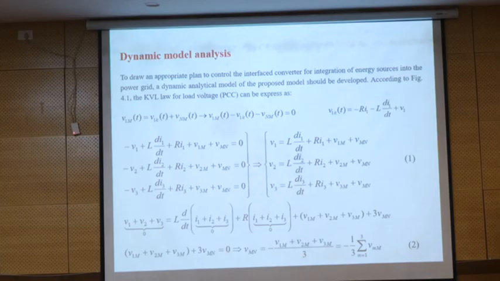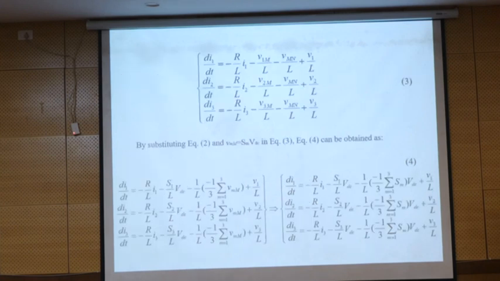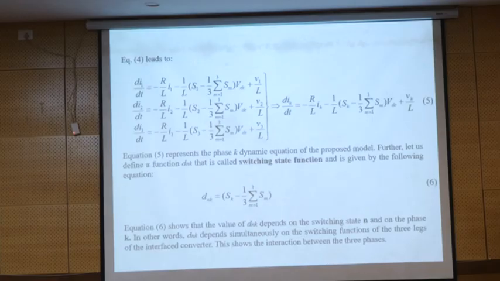So by this we can replace V1M, V2M, V3M over 3, and for each V1M, V2M, V3M we put S1 VDC, S2 VDC, S3 VDC. By this we reach this equation and then transfer to the switching function, and we call it the switching state function.